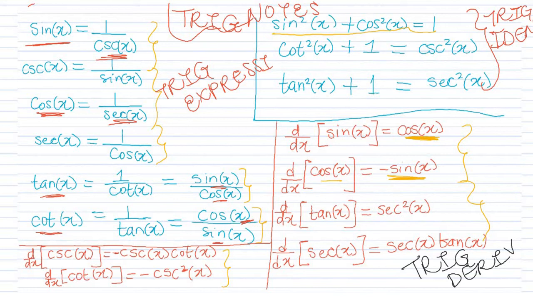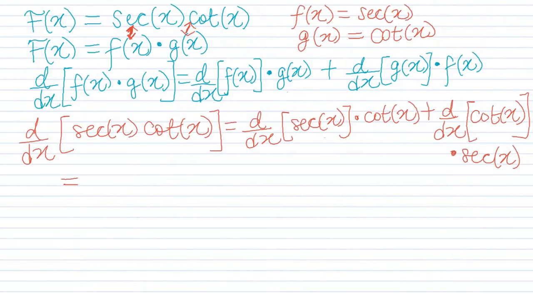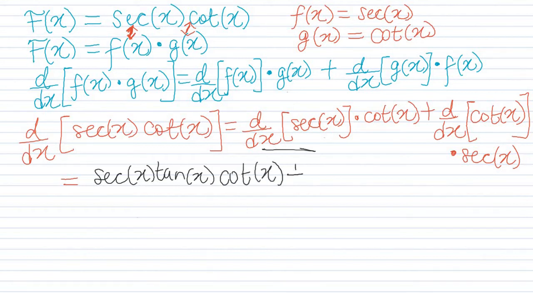So now that we have all of this information down, we're asked to find the derivative of secant x. Looking here, we can see that the derivative of secant x is secant x tan x. So we can just come here. The derivative of secant x is secant x tan x multiplied by cotangent x plus, what is the derivative of cotangent x?